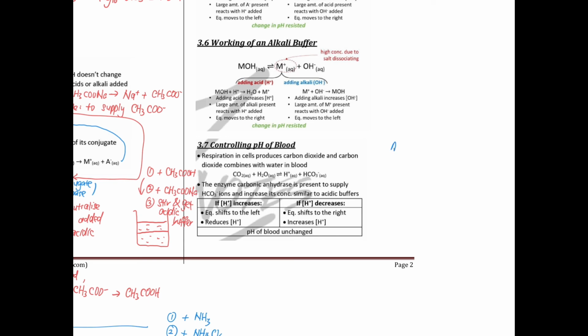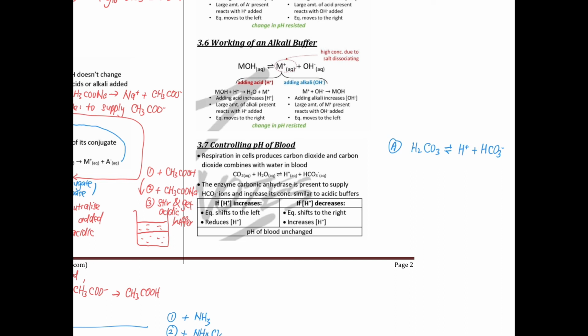So equation A, H2CO3 dissociates to form H plus and HCO3. The buffer always has three equations, so I try to make it in a similar way. The equilibrium equation is like this, or you can write like this, it's up to you. Either write this form or this form, both will be accepted.